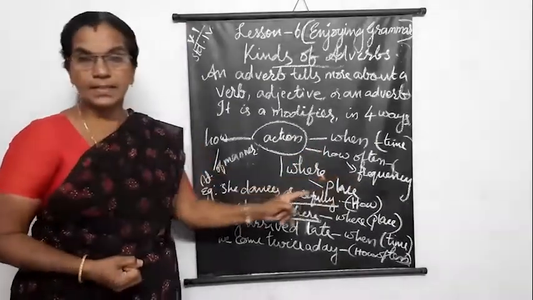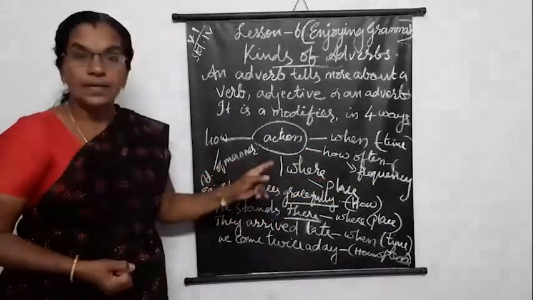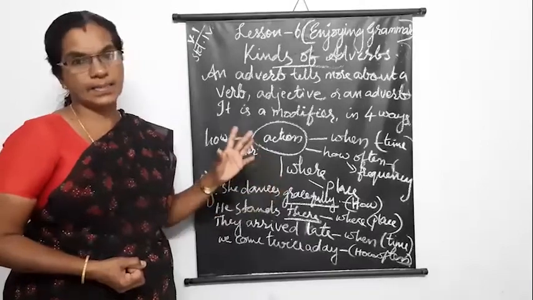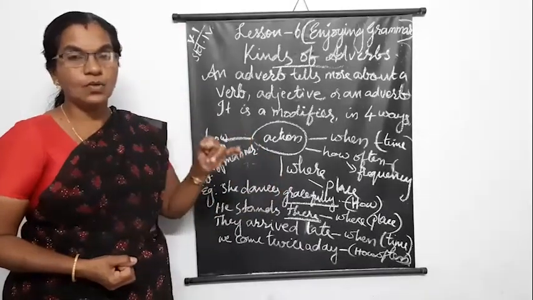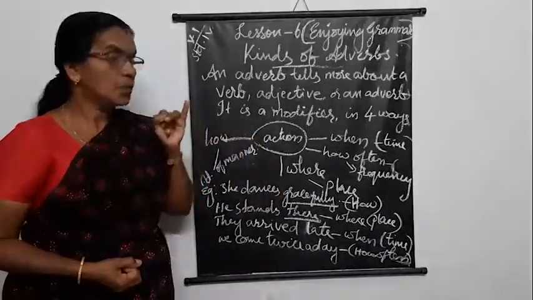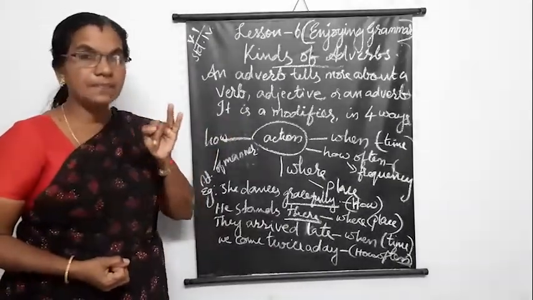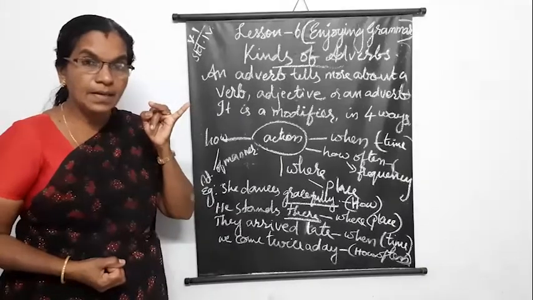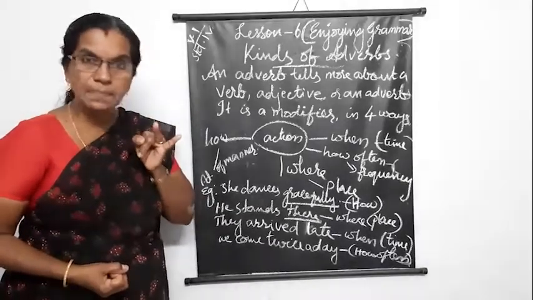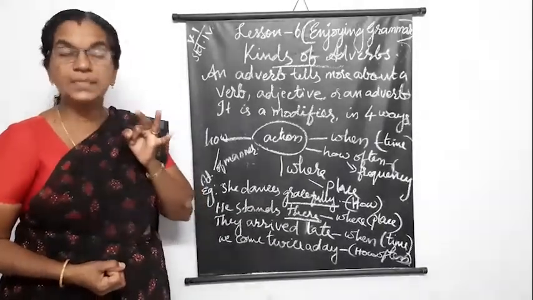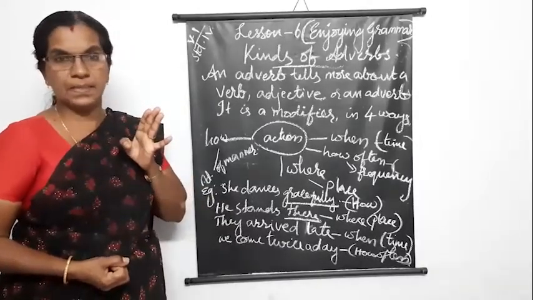How often the action happens. And it also tells where the action happens. So, an adverb modifies a verb in 4 ways. Which are they? How the action happens, where the action happens, when the action happens, how often the action happens.